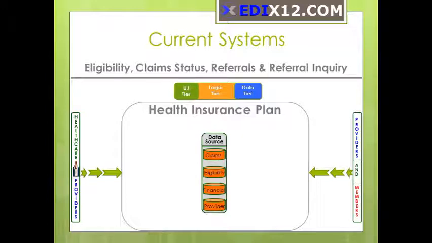Providers access information in three ways. First, using practice management software which itself connects with a clearinghouse, and a health plan builds an EDI gateway application which connects with the clearinghouse. Second, the provider accesses the data source through provider portals, which are in-house developments.